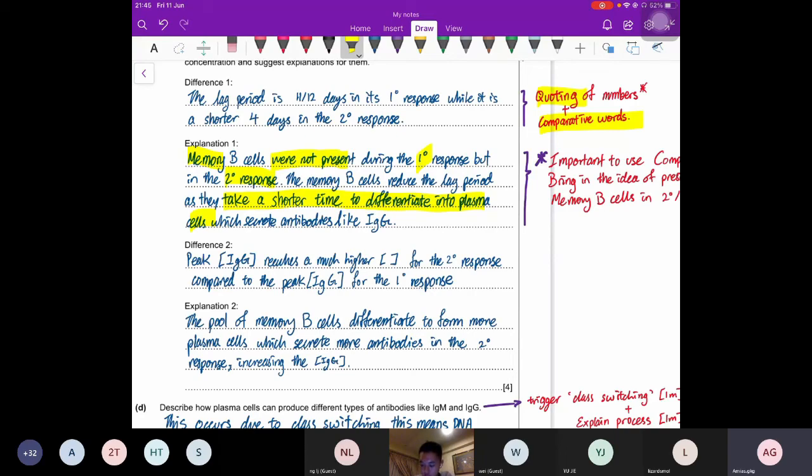There was a question in the chat just now that asked why memory B cells take a shorter time to be activated compared to your naive B cells, or memory T cells and naive T cells for that matter. You can think of it this way. Think of the response as a progression: level 1, level 2, level 3, level 4. Level 2 is your naive T cells, your naive B cells.